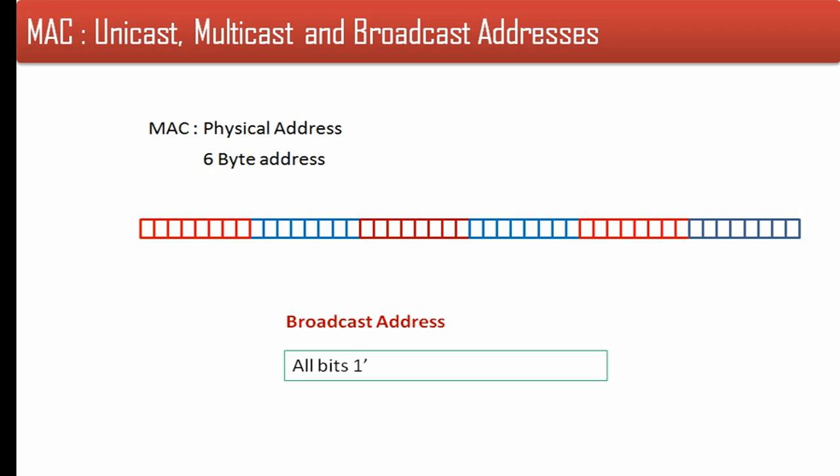A broadcast address is only meant for the same network. So if it is not all ones, and the least significant bit of the first byte is 0, that is a unicast address, otherwise it is a multicast address.